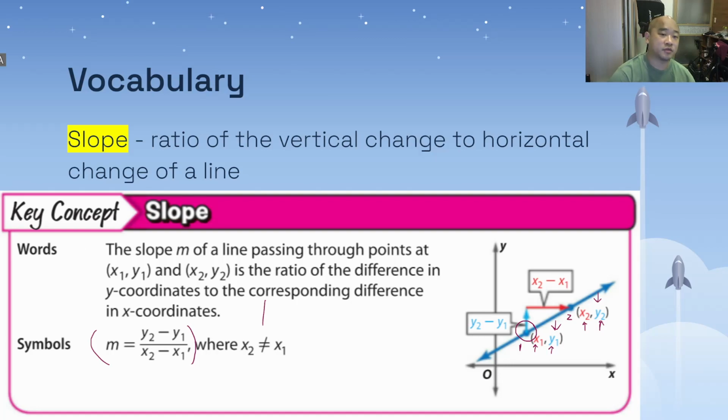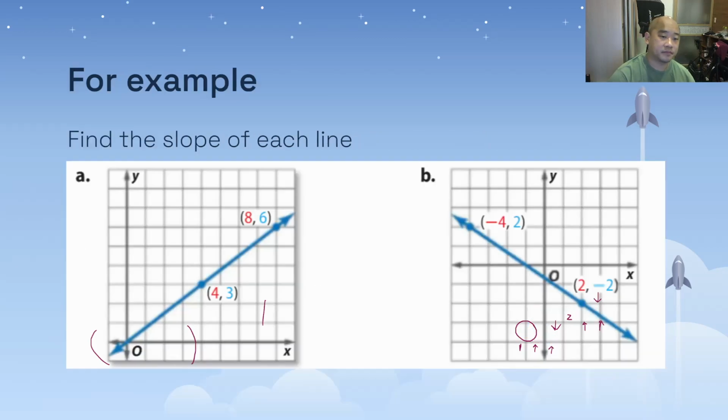And so let's practice using that. So let's say we have here this line. I'll just rewrite our formula right here, y2 minus y1 over x2 minus x1. Remember, we can name whatever we want. It doesn't really matter, but the way that I'm just used to doing it is just to go from left to right.